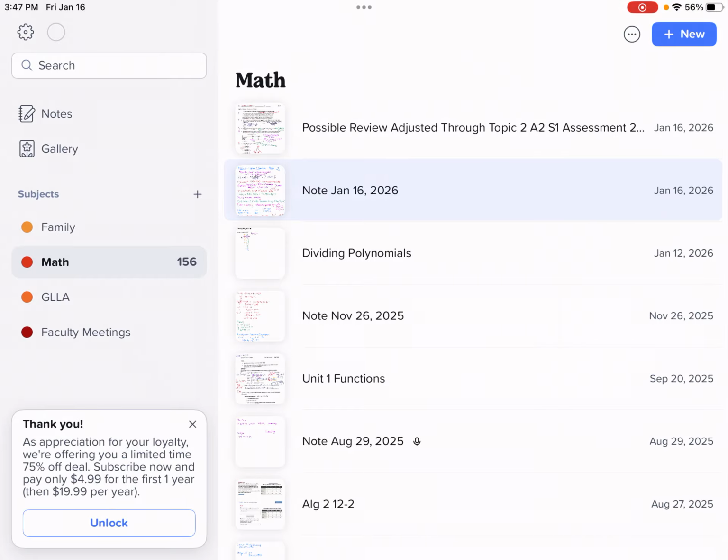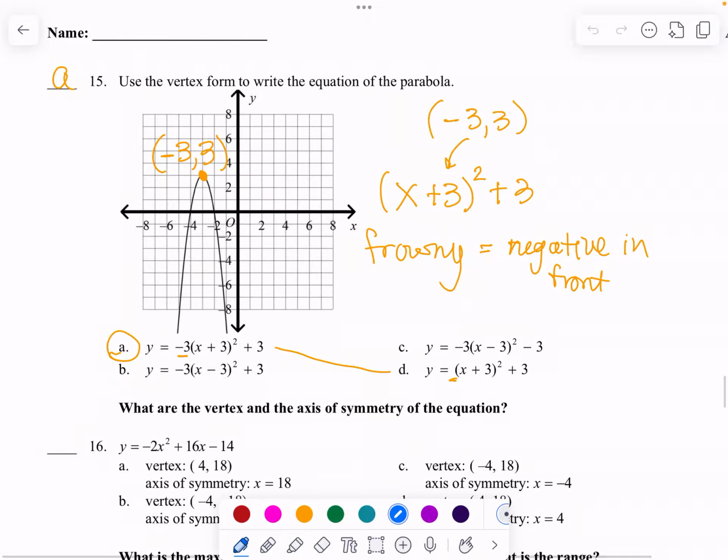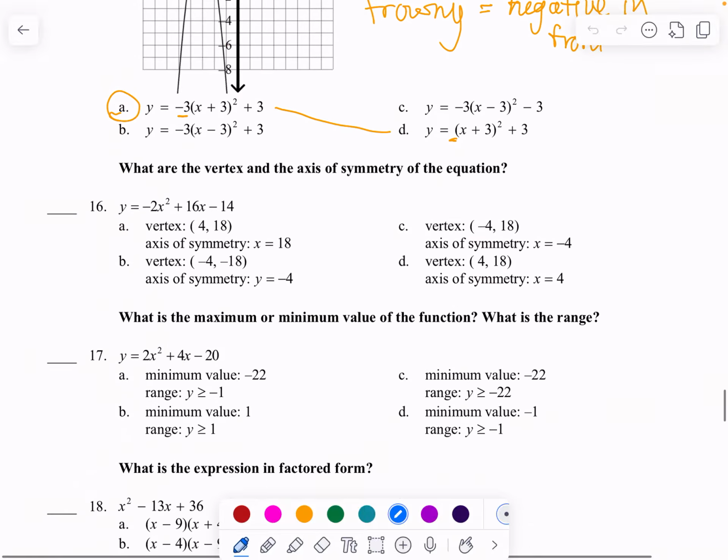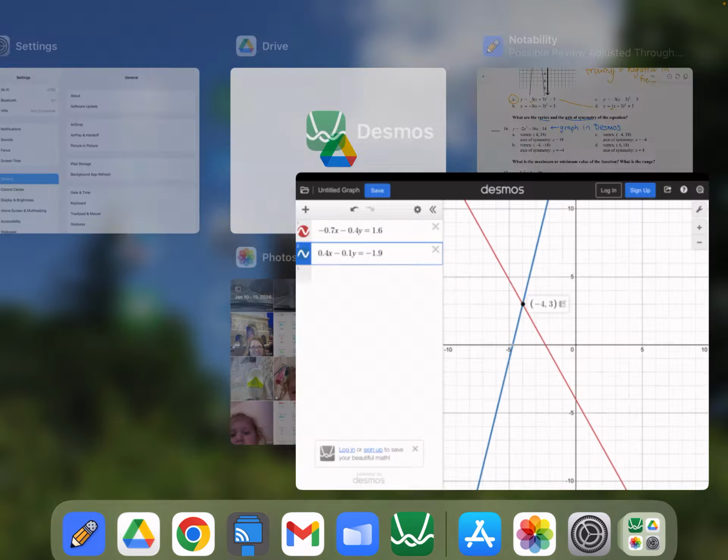Okay, then what are the vertex and axis of symmetry of this equation? If it asked for the vertex and axis of symmetry, I would for sure graph it in Desmos. You can do it another way, but why, right? So negative 2x squared plus 16x minus 14. Delete all.